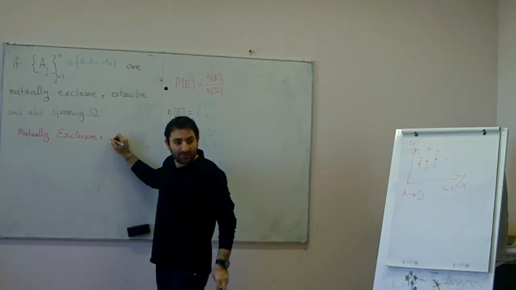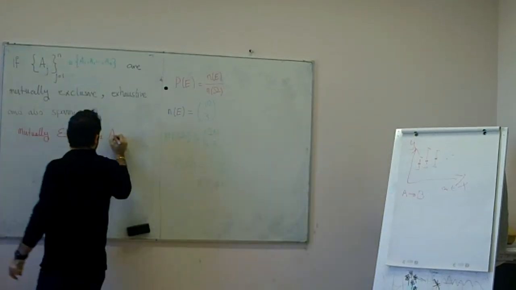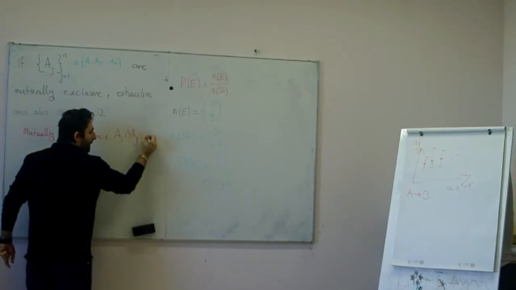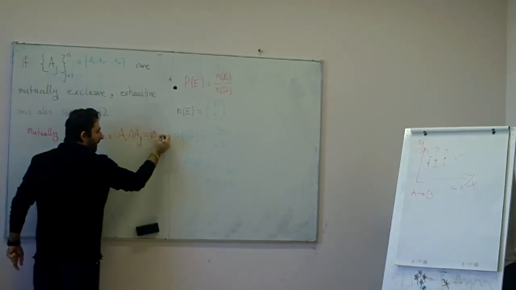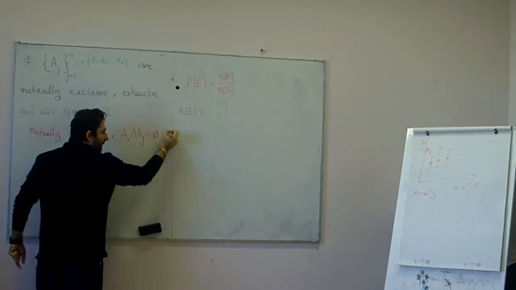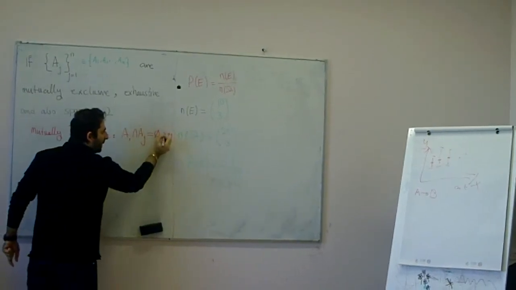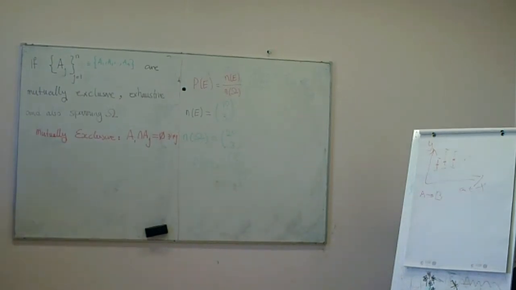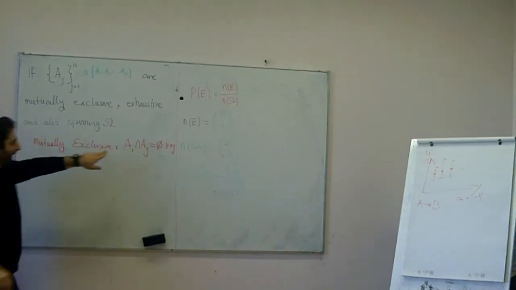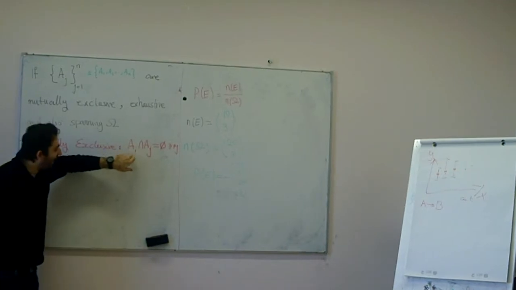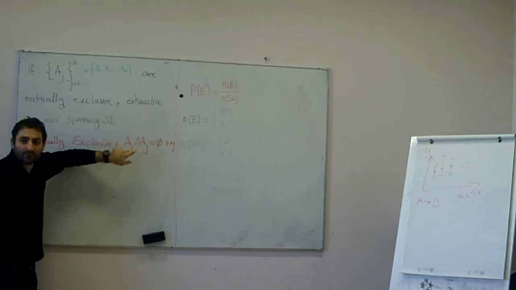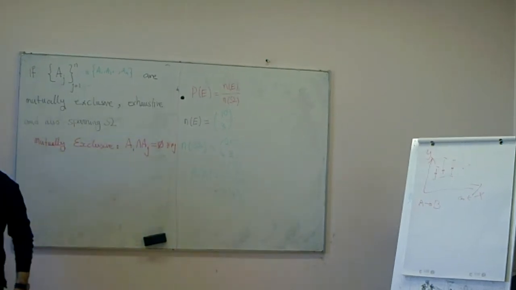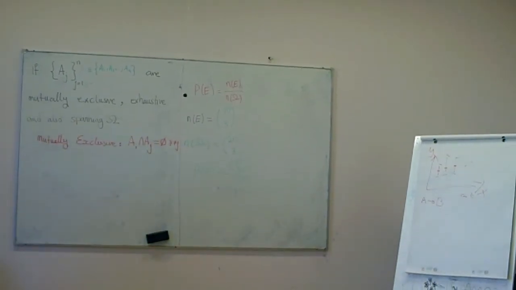I think it means that there is no pair of them that could happen at the same time. Mutually exclusive means that they are disjoint. It means that the intersection of any two, if i and j are not equal to each other, is empty.